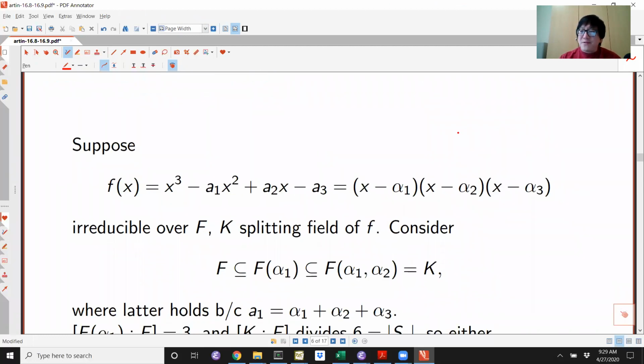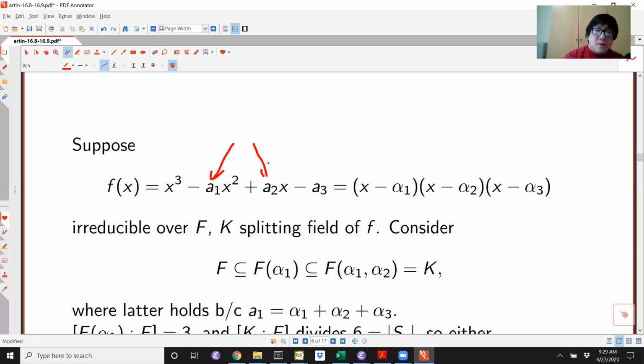As usual, now we actually are going to get to apply all the stuff about symmetric polynomials that we learned. Suppose f of x is written out this way when you multiply it out.